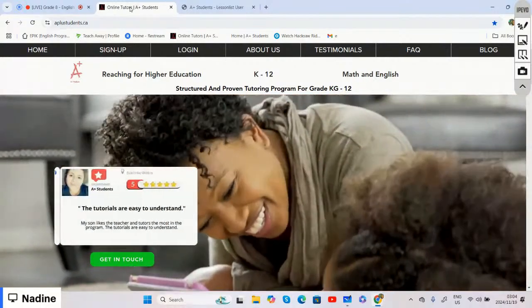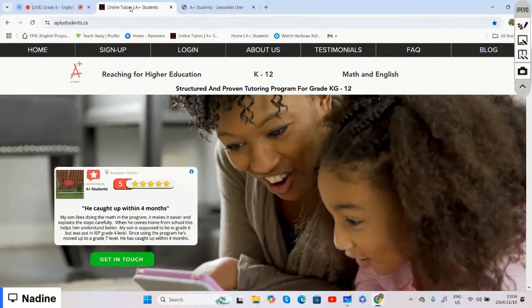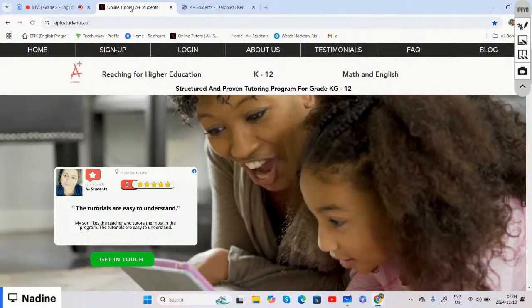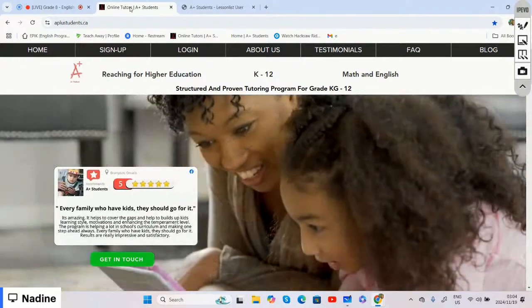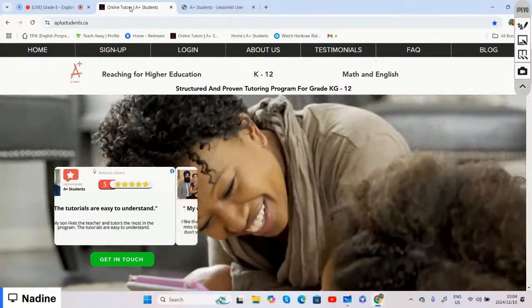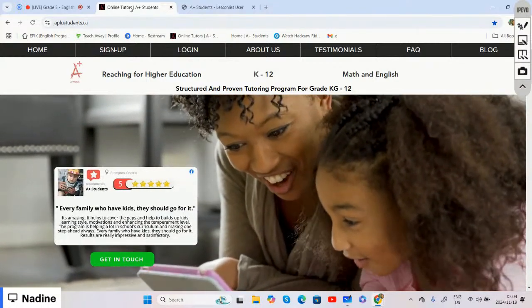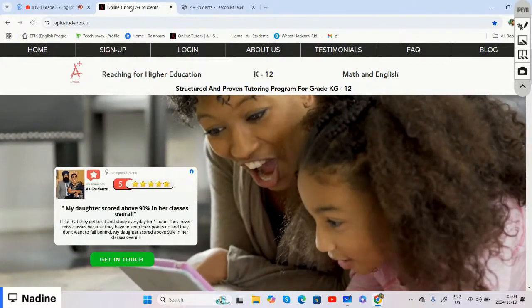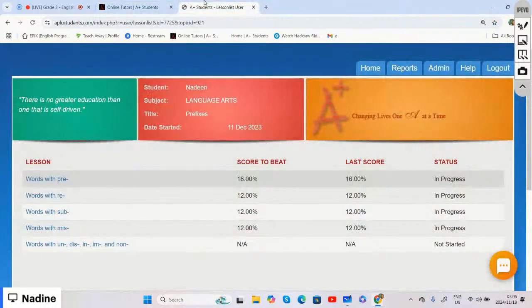Once you've selected the subject of English language arts, grade 8, we're going to scroll down until we get to our chapter of prefixes.